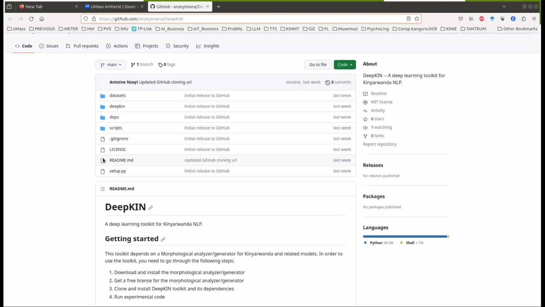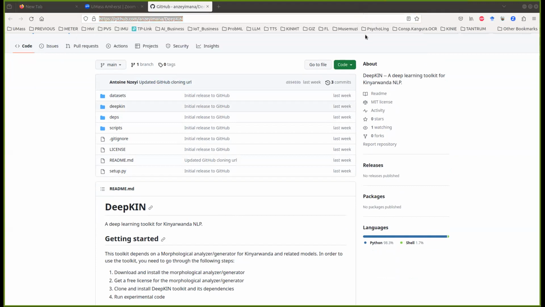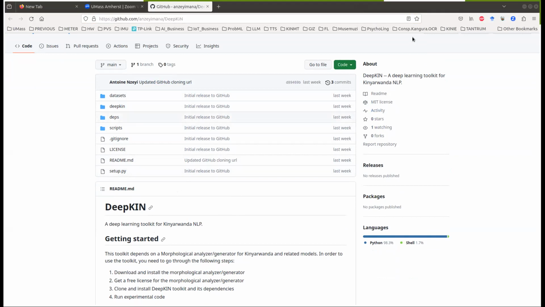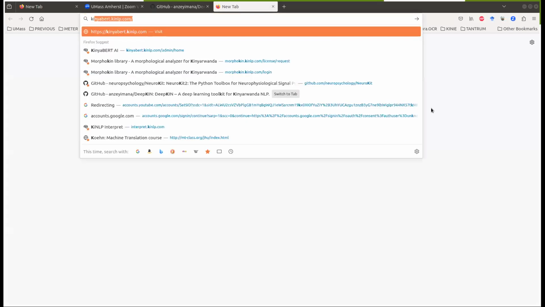So let me share the link in the chat box. This is the toolkit that does deep learning for Kinyarwanda NLP. And I also want to point you to the papers.